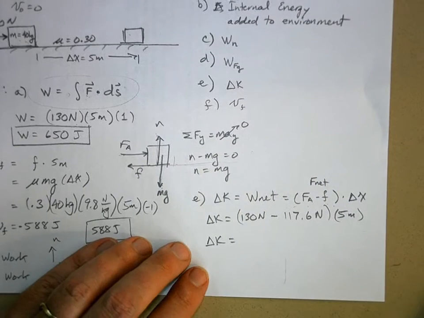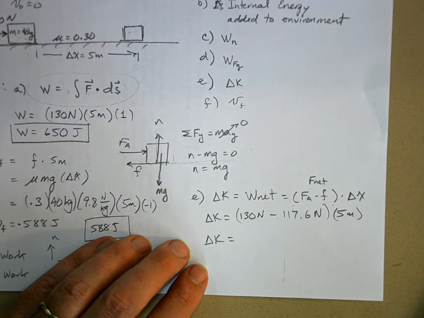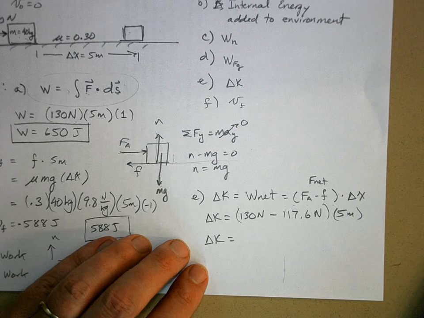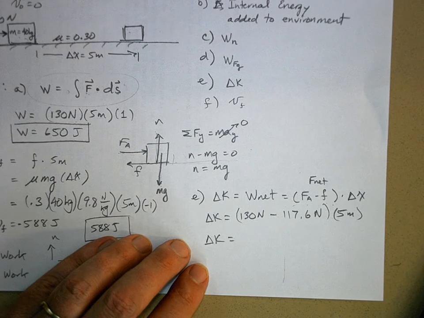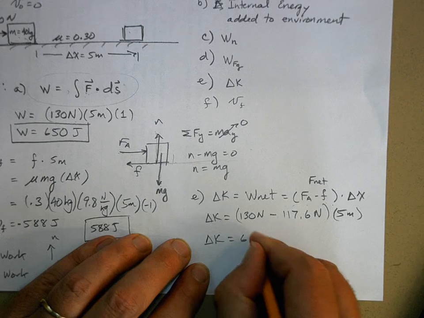So my net force is 130 minus 117.6. That's 12.4 times 5, and we get 62 joules.